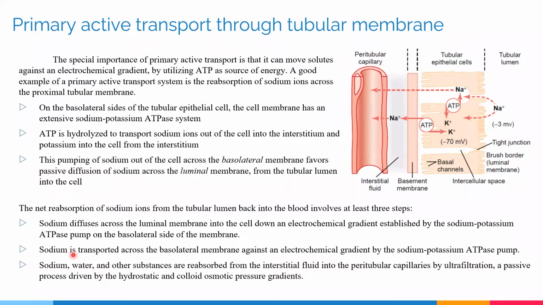into the cell. Sodium, water, and other substances are reabsorbed from the interstitial fluid into the peritubular capillaries by ultrafiltration, a passive process driven by hydrostatic and colloid osmotic pressure gradients. So once all the solutes and everything is transported into the interstitium, they now travel through the peritubular membrane into the peritubular capillaries via the process of ultrafiltration.